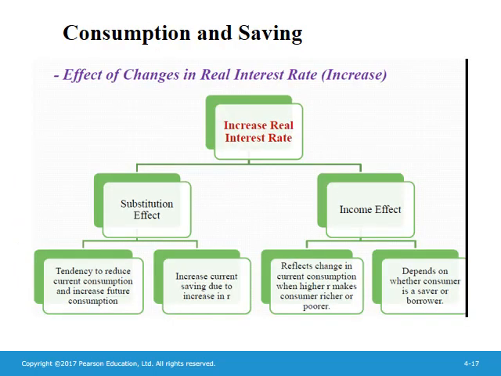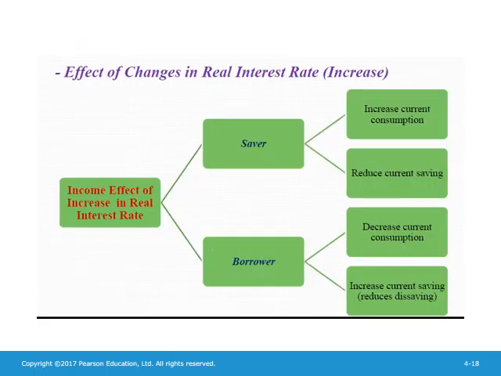So if I'm a borrower, let's look at the figure. If I'm a borrower, then the increase in real interest rate would result in decreasing my current consumption and increasing my current savings, because I feel poorer now and the cost of consumption is higher, so I have to decrease my current consumption again and again.